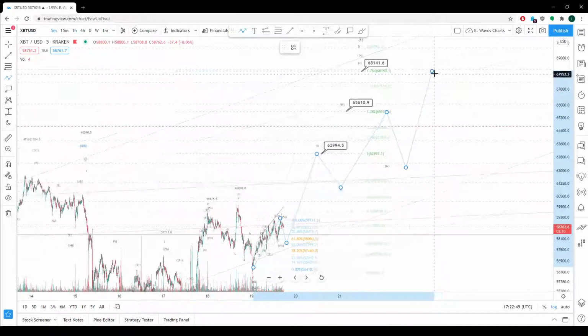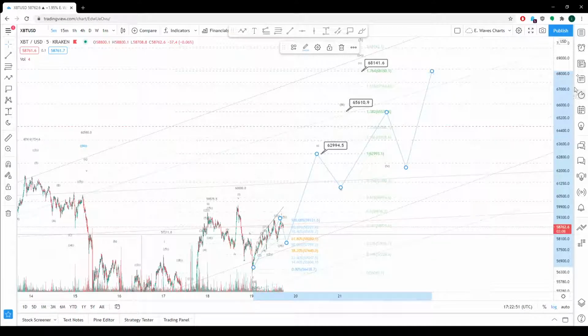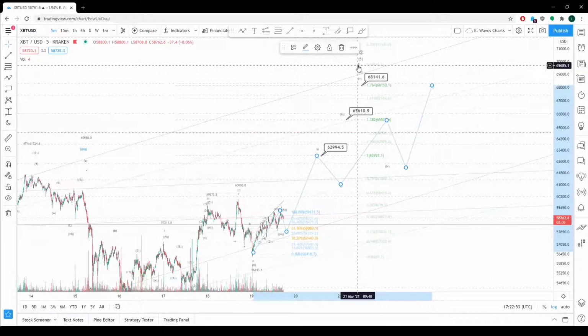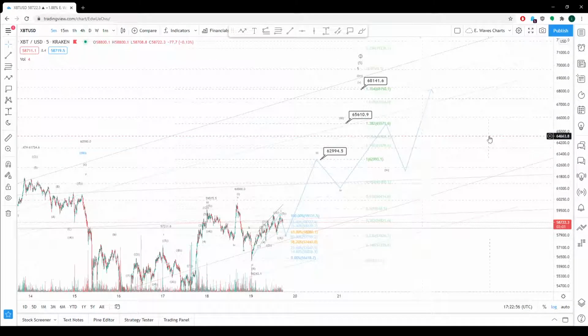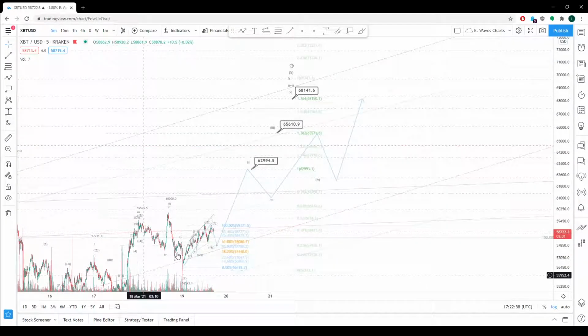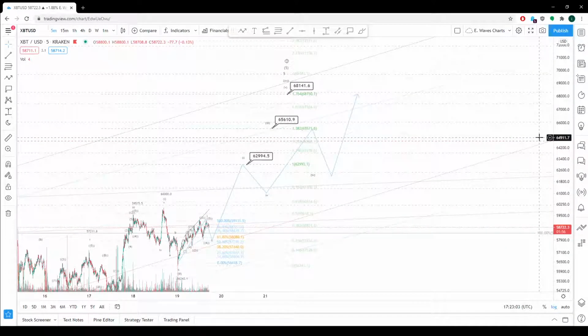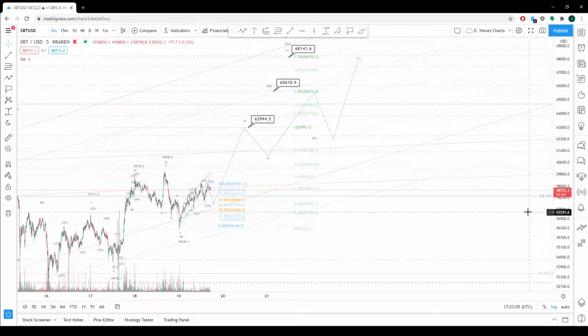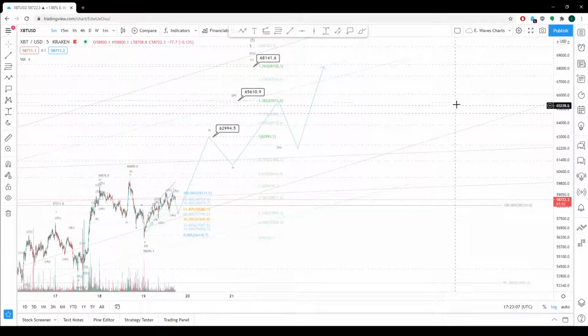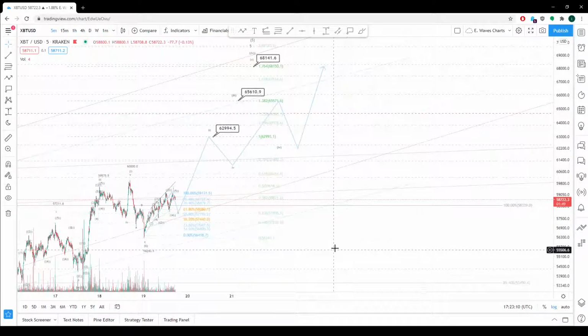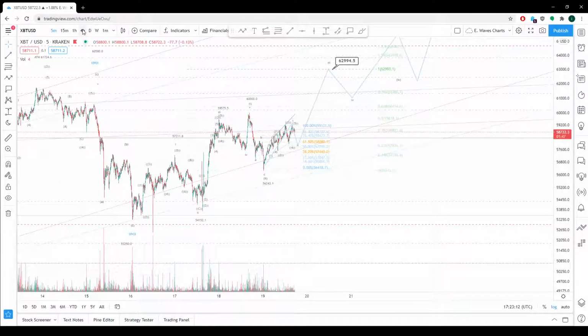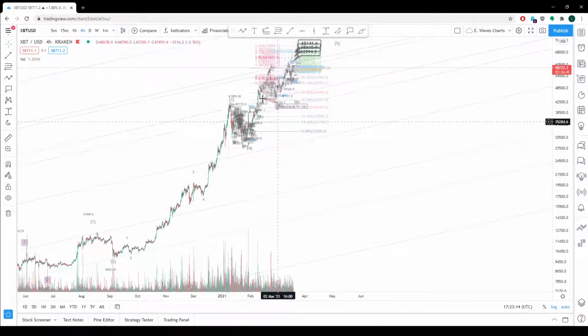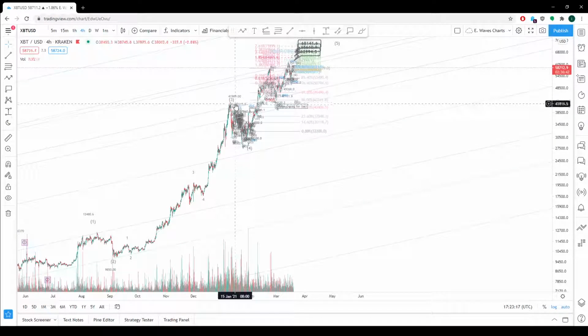And then at this point we're at a wave 5 of a 5 of a 5 of a 5 of a 3. So whenever this wave completes, we're going to see a big drop. Well, let's not get emotional. Let's say we're going to see a considerable drop, probably to the 40s, to the previous wave 4. We're going to see a drop around over here, which would be 42,000 and change.